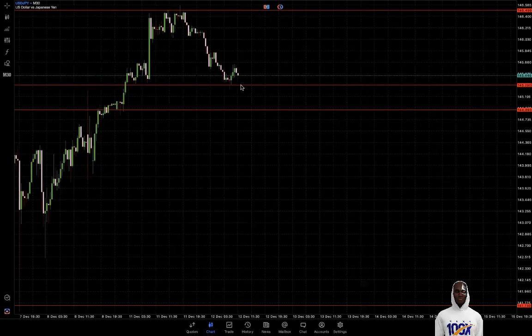So what do we do as we see that USDJPY is coming into the minus support zone? We most likely want to set our buy limit order here.